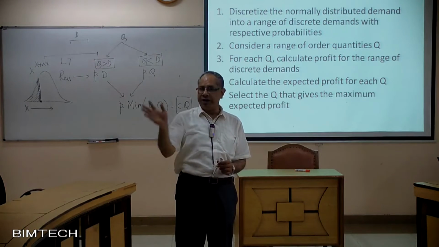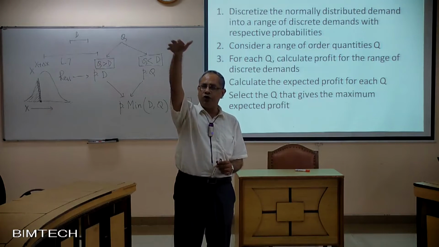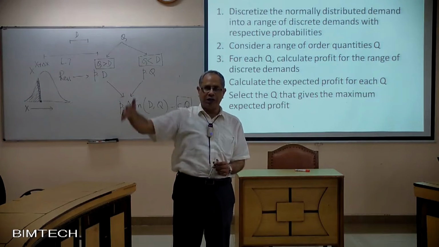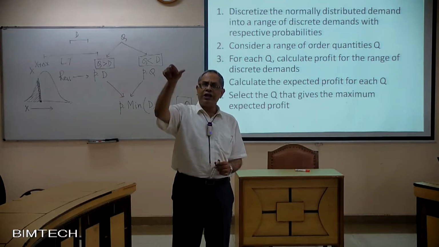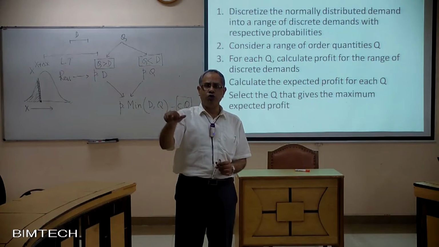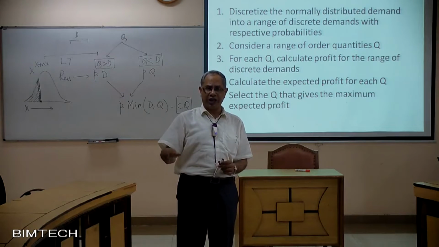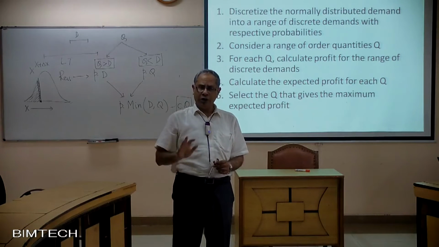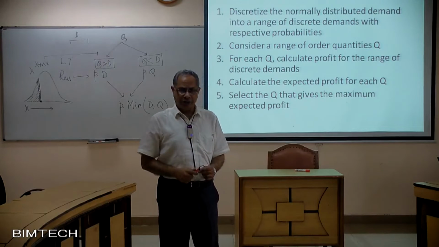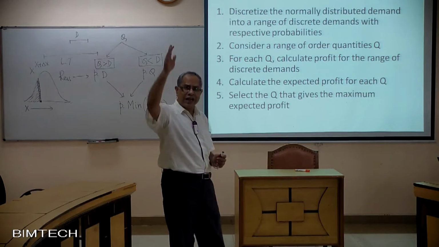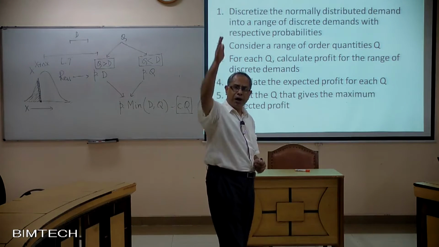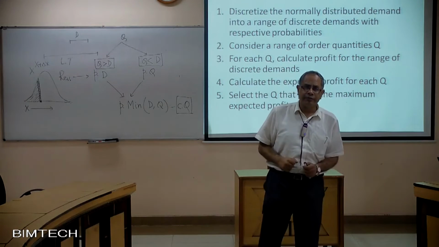Remember, the demand is independent of Q. For each value of Q, I have a set of demand and the probability. So I calculate the profit for that Q under each demand scenario. So I have a set of calculated profit figures. And I do this for multiple values of Q.